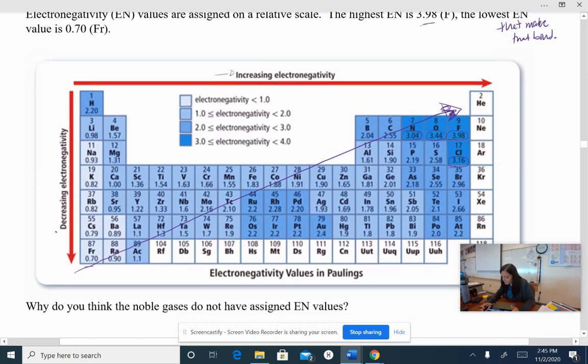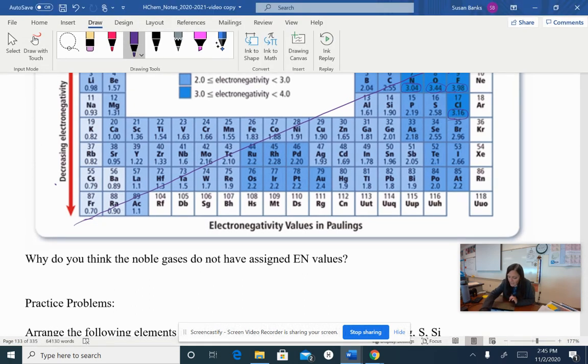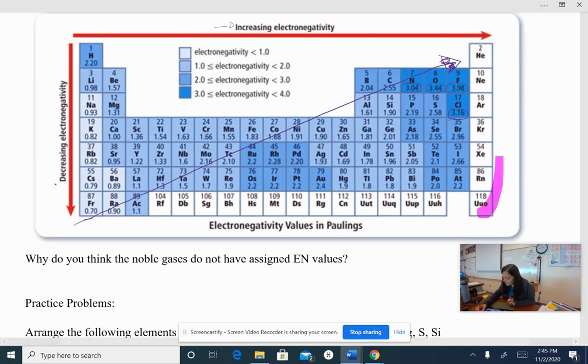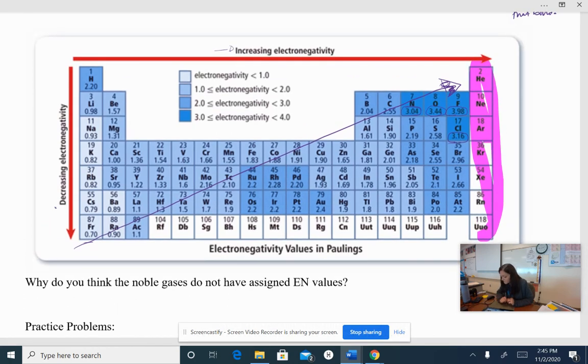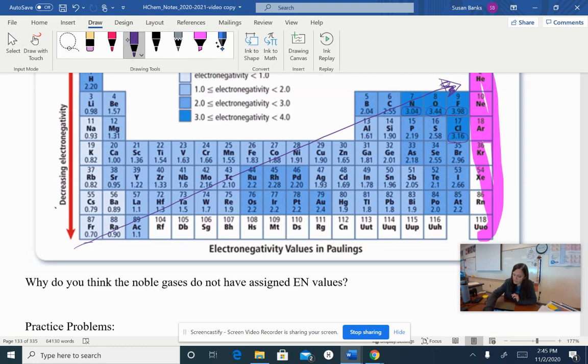The one big difference is, notice, we do not have any electronegativities for the noble gases. So why don't we think we have electronegativities for the noble gases? Why is there that difference?